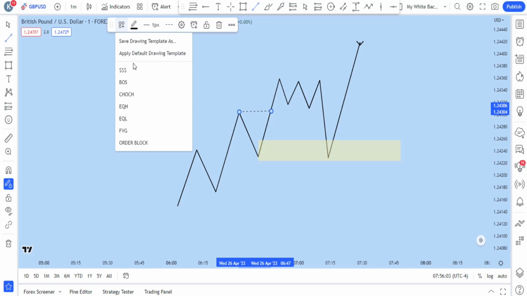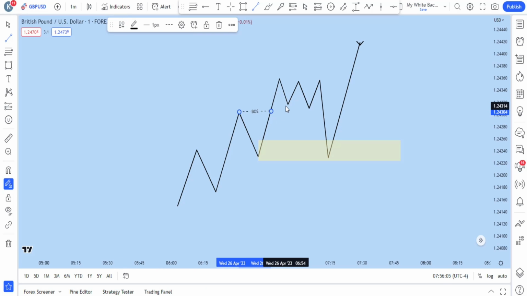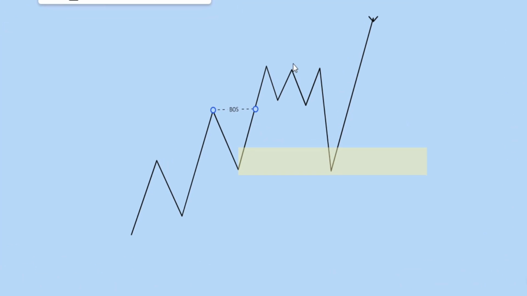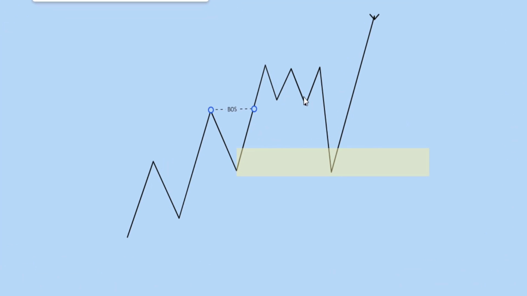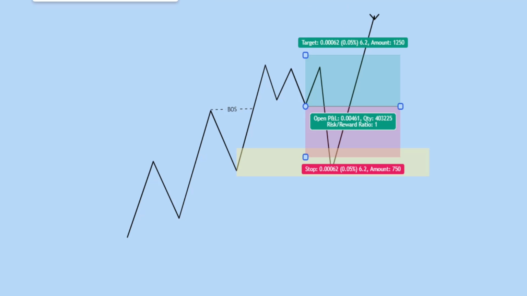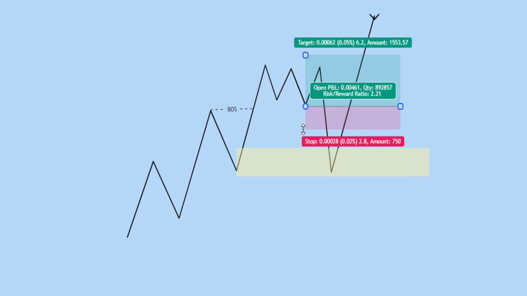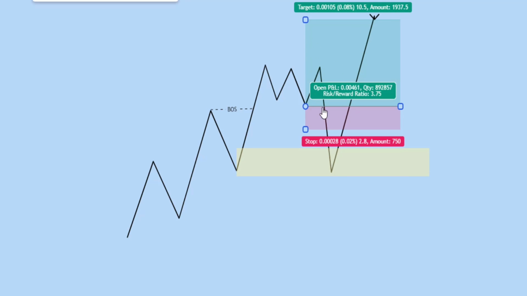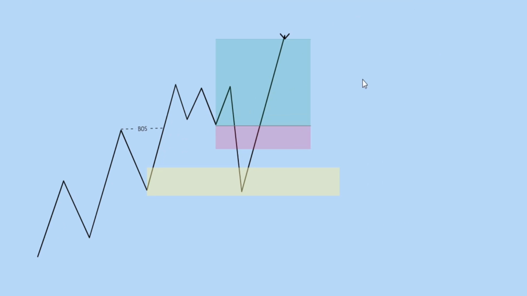Okay, now when you see this happen, people that began to take their trades here got stopped out around here, because somebody taking a trade from here is basically putting their stop loss right below here. You might be used as liquidity. So you're taking a trade from inducement and then price actually got you stopped out before reaching out to this POI and then moving up to the place that you actually predicted.